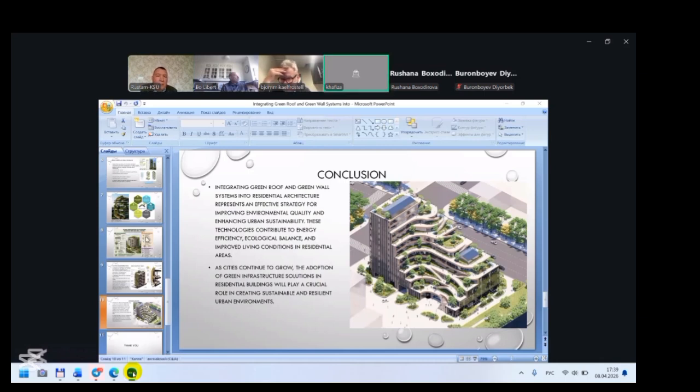Thank you for the question. Green roof and green wall systems support the sustainable development goals by improving energy efficiency, reducing environmental impact, increasing green space, and creating healthier and more sustainable residential environments, like residential buildings.